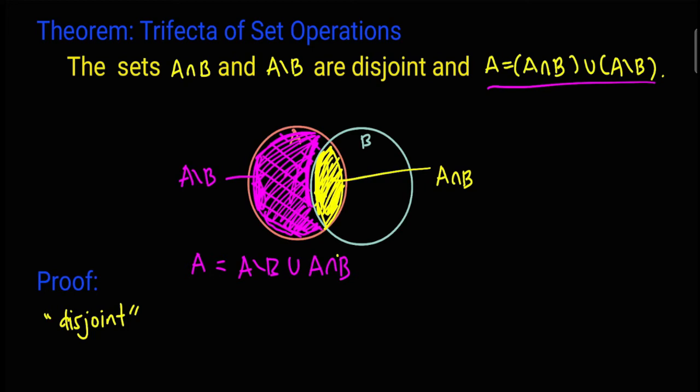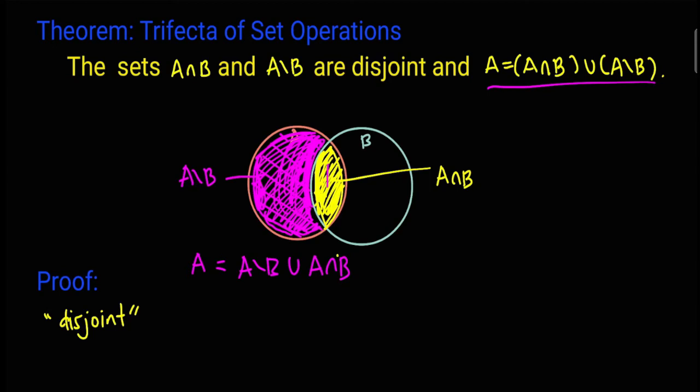Okay. Let's prove that. So there are two statements to prove. First, that these two sets are disjoint, right? These two sets, this one and the intersection. So we need to show that they are disjoint. And secondly, we need to show that their union is A itself.